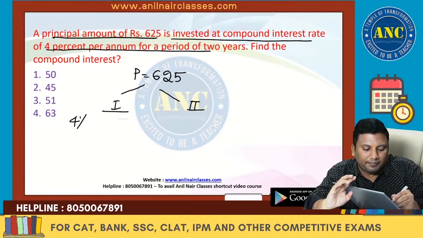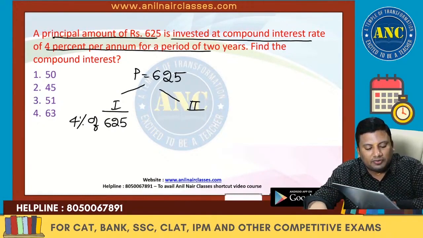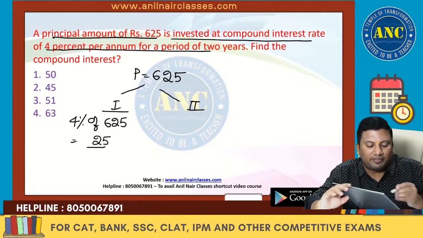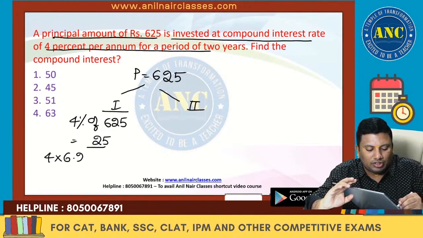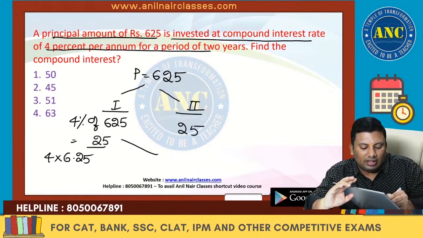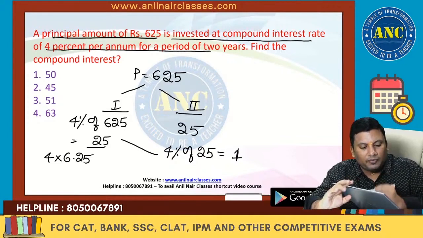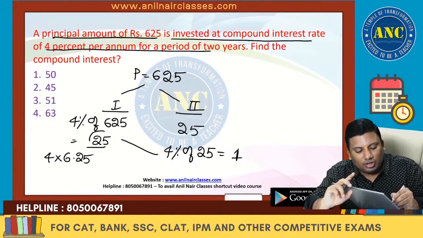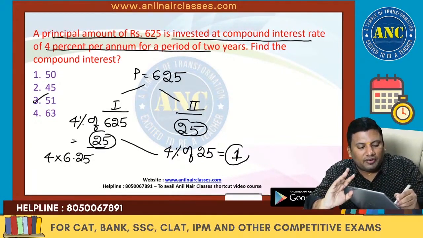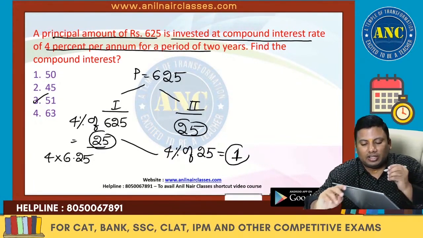These are nothing but 4 percentage of 625, which is nothing but 25, which is nothing but 4 into 6.25. Second year also it is 25. Then there is 4 percentage of 25, which is nothing but 1. So find the compound interest. Total compound interest is nothing but 25, 25, 1. Answer for this question is 51.